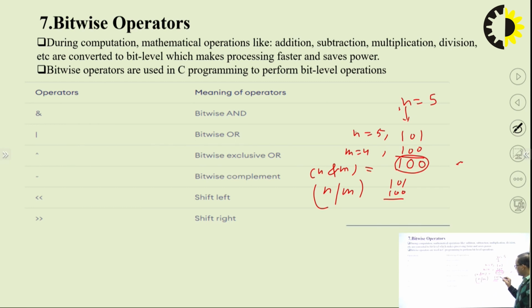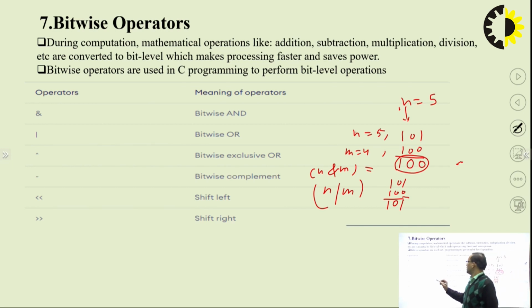Here this bit is 1 and this is 0, so the output will be 1. Here both are 0, so 0. Here both are 1, so 1. So this will be the result of the OR operator. In the case of bitwise OR, if any bit is 1, then the output bit will be 1.